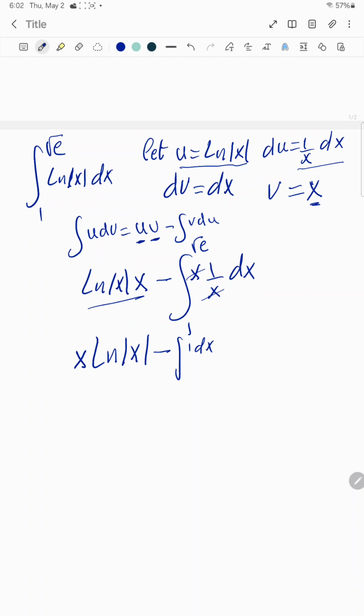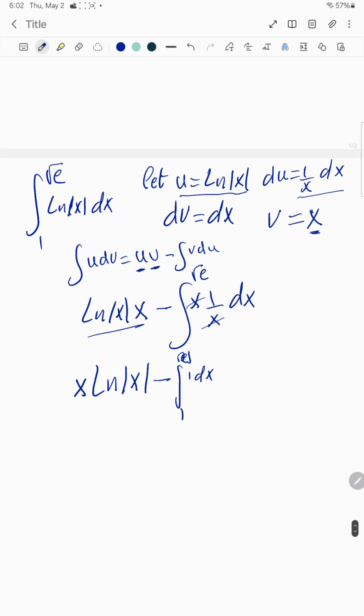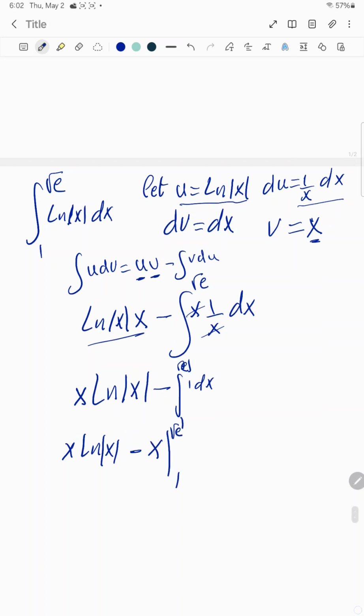You can apply it. The integral of 1 dx is x between 1 and square root of e. And I don't have to put plus C because my integral has boundaries. So it becomes x ln of x minus x between 1 and square root of e.